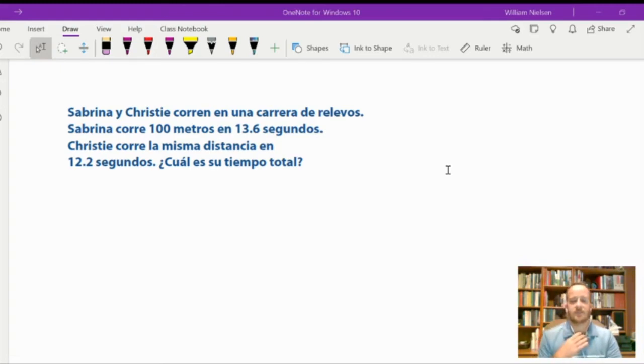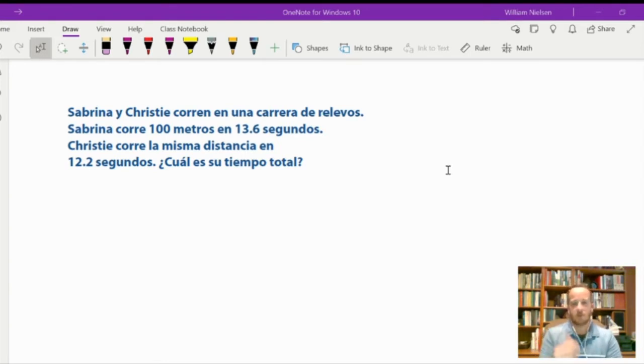Yo estoy haciendo eso y te lo recomiendo hacer igual porque eso te va a ayudar a entender más nuestro valor posicional. ¿Ok? Entonces, Sabrina corre 100 metros en 13 y 6 décimos segundos. Christy corre la misma distancia en 12 y 2 décimos segundos. ¿Cuál es su tiempo total?